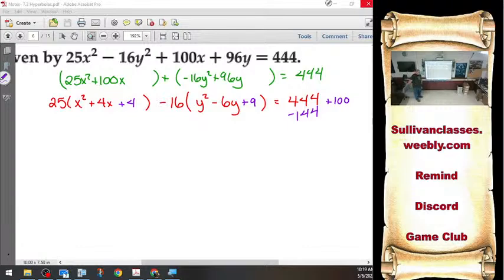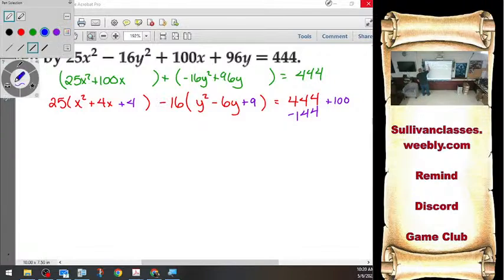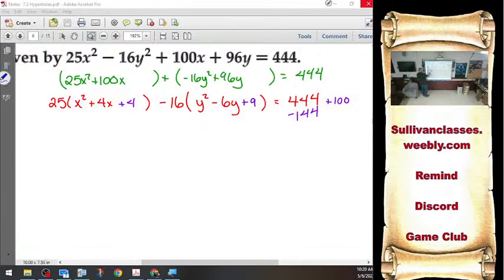You've all known this for a long time. The negative is the bane of the math student, right next to word problems. Okay? Negatives screw us up. Be careful when there's negatives. And I get x squared plus 25x plus 2, the quantity squared, minus 16, y minus 3, the quantity squared is 4 Hondo.